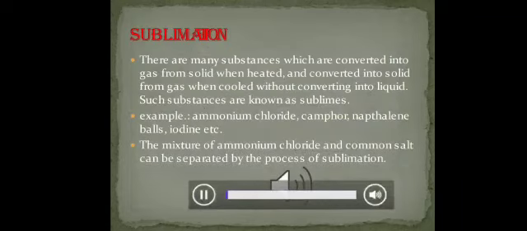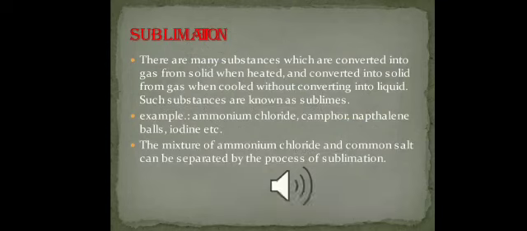Our third method is sublimation. There are many substances which are converted into gas from solid when heated and converted from gas to solid when cooled without converting into liquid. Such substances are known as sublimes.